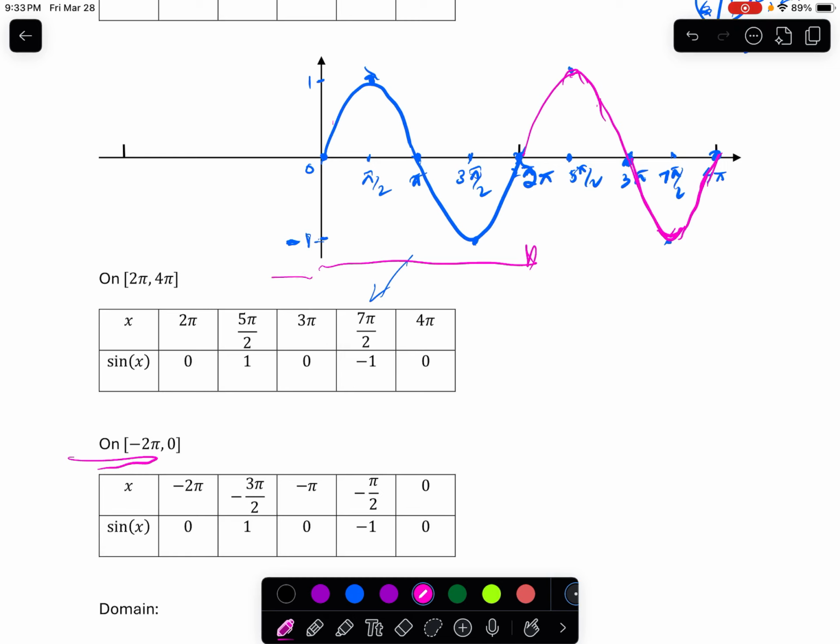So we have the same length over here. So this is -2 pi. Half of this will be -pi. Half of this piece will be -pi over 2. And half of this one will be -3 pi over 2.